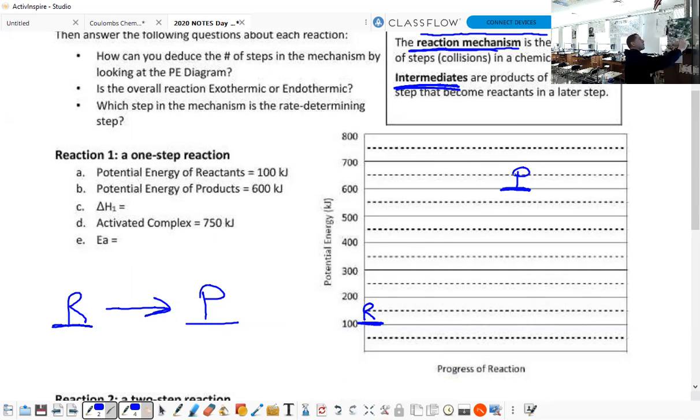All right, the only other number we're given is this thing called an activated complex. It doesn't say here how many reactants we have, but let's say we have a reaction that looks something like this in terms of collisions. So this red one has to collide with the blue ones in order for a reaction to happen.